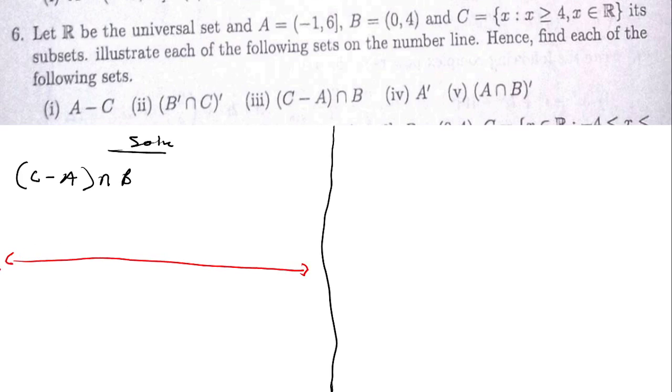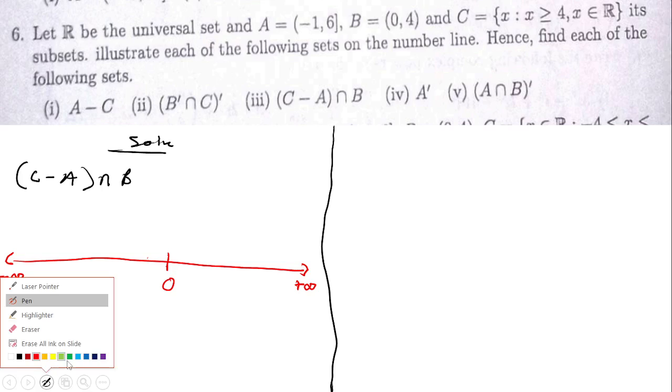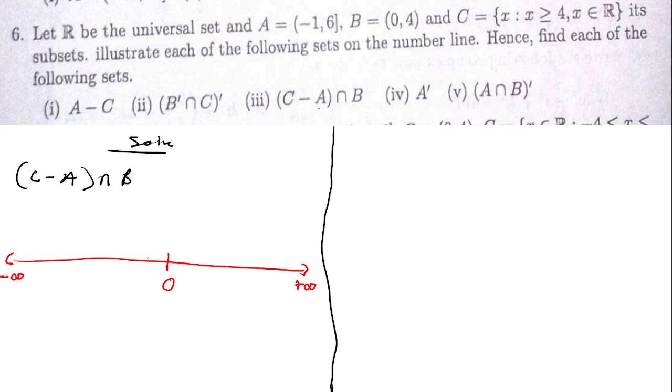So this side I have negative infinity, the other side I have positive infinity, and then in between there is a 0. So in such a case, what I'll simply do is that I'll first start with C minus A.